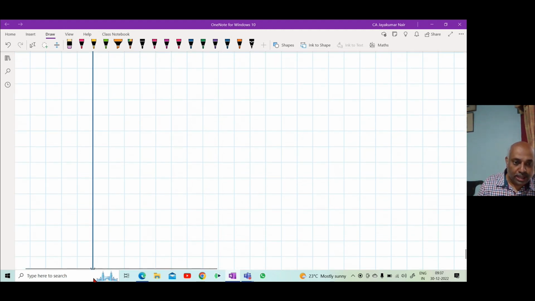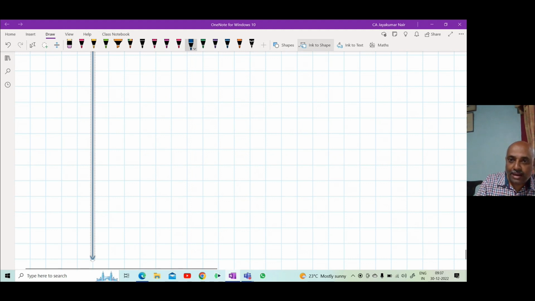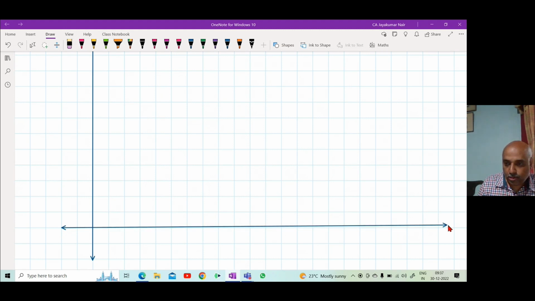So this is 0, where the two axes intersect. It is 0.